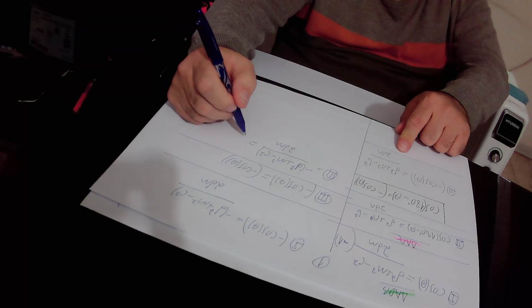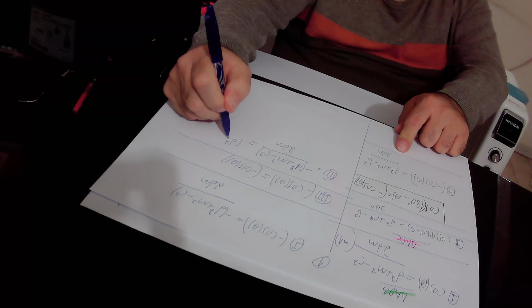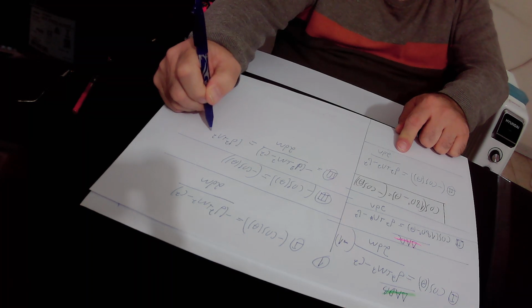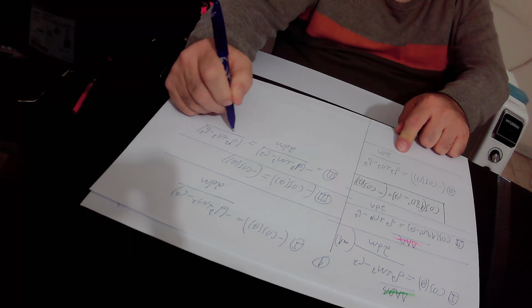Minus cosine theta according to equation number 2 is equal to d squared plus n squared minus b squared over 2 times d times n.